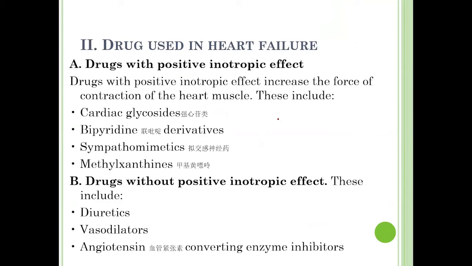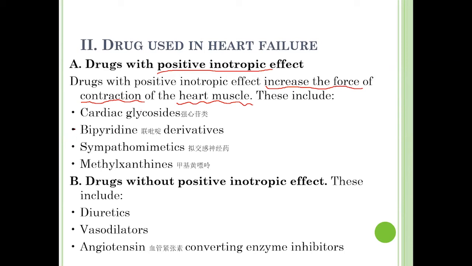Then we go to the first category, making the muscle contractions stronger. In this category, basically the drugs work directly on the heart muscles and increase the force of the contractions of the heart muscles.